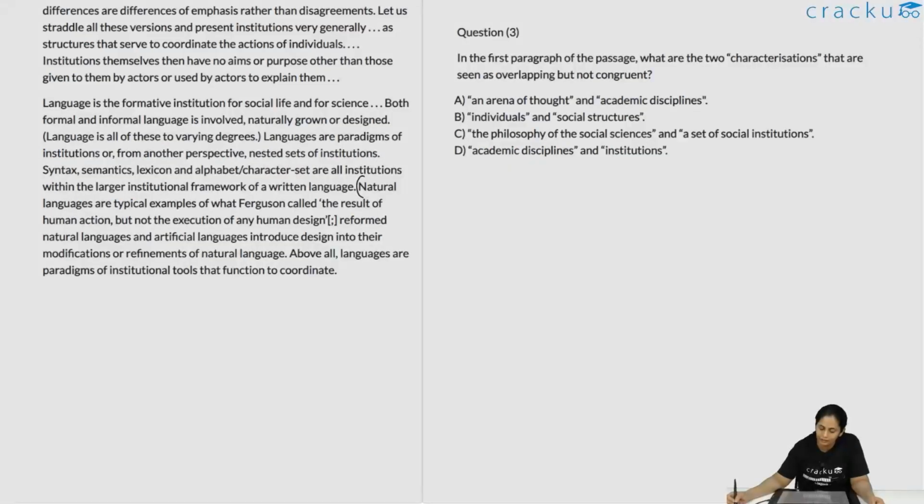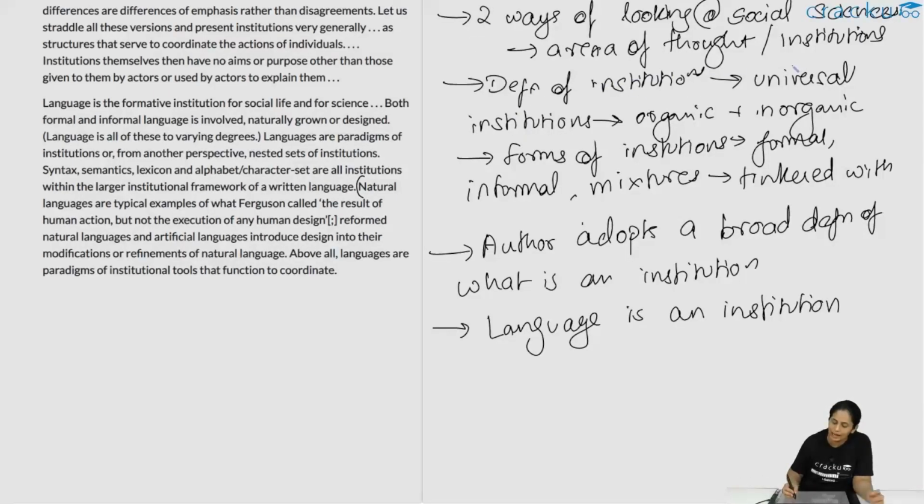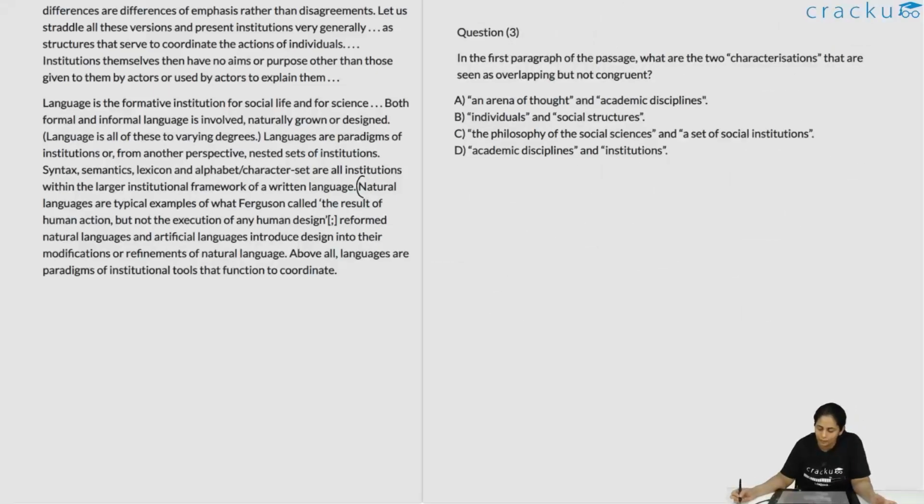In the first paragraph of the passage, what are the two characterizations that are seen as overlapping but not congruent? So we identified it as essentially arena of thought is one way of looking. The other one is institutions. So let us take a look at the options. An arena of thought and academic disciplines.